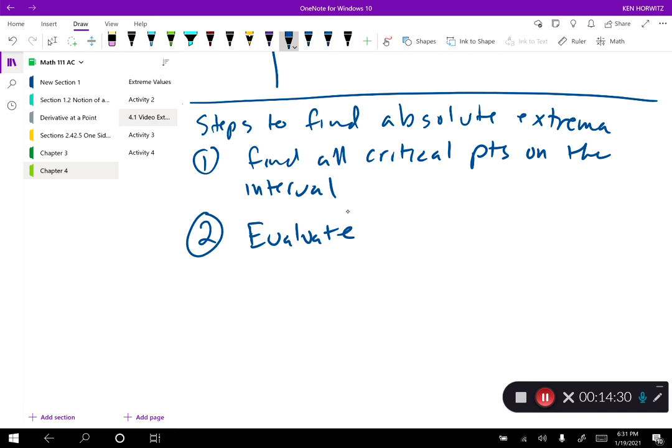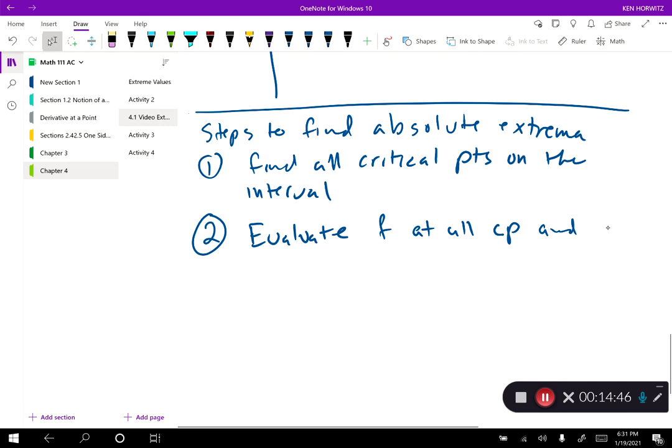You're going to take your critical points and your endpoints, and you're going to put them into the original function. I'm going to use CP as an abbreviation for critical point and endpoint.